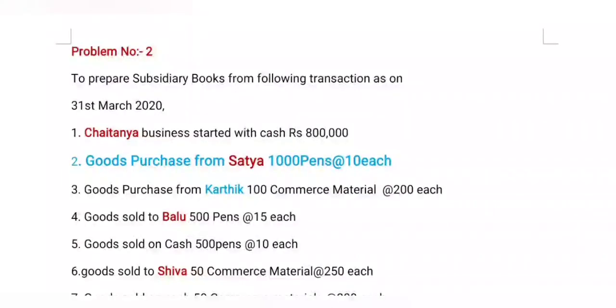Then we go to another transaction. On 2nd March, goods purchased from Satya, 1000 pens at the rate of 10 each. Here, once we observe, the products are given in units or groups of items. Now we are going to prepare the purchase book. Proforma of the purchase book: date, particulars, invoice reference, ledger folio, details, amount.